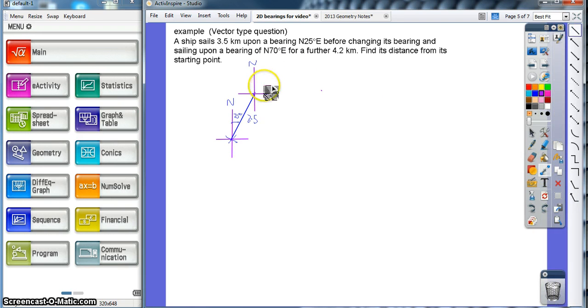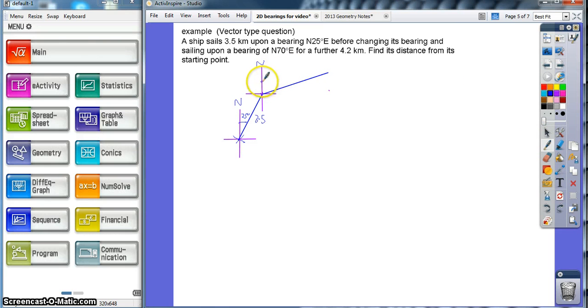And this is 4.2, so I should draw a slightly longer line, but we're not measuring here, it's not super accurate, just a little bit longer would be about that. And what we know first off is that that is then 70 degrees.